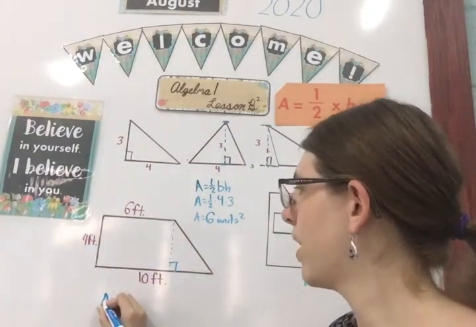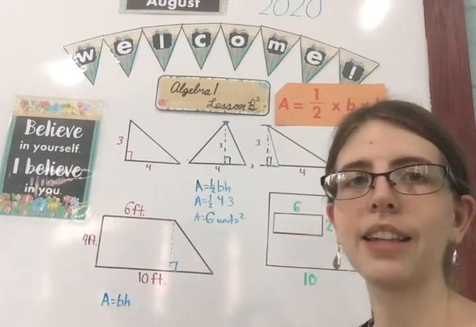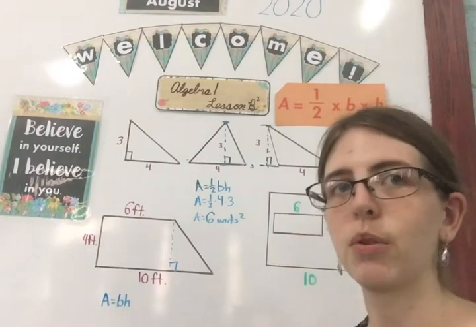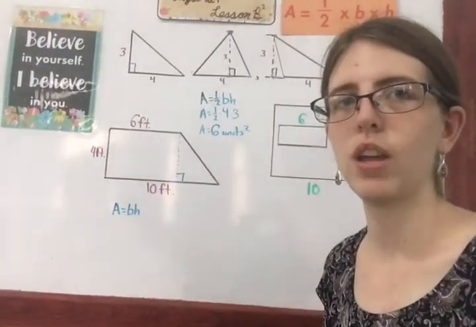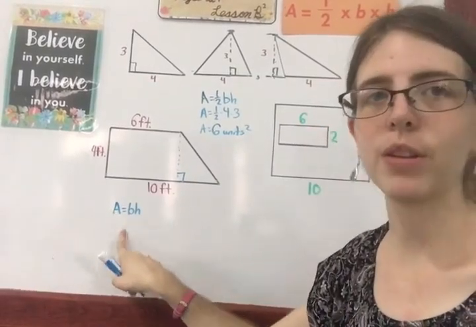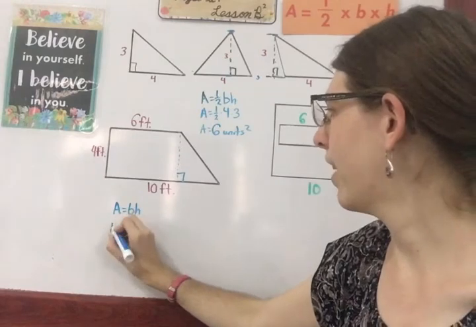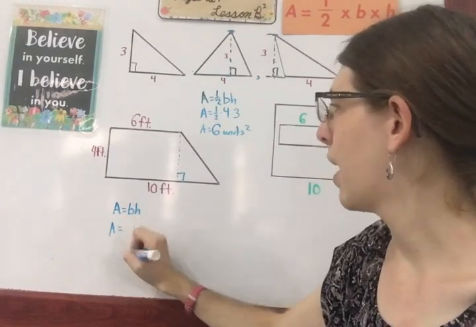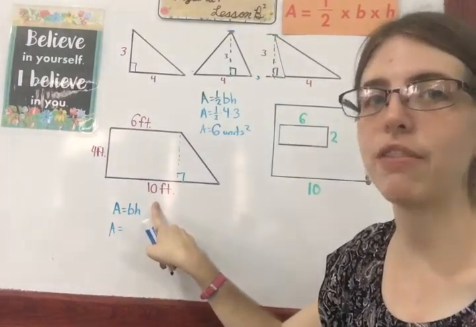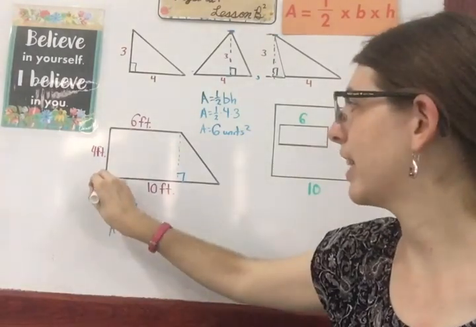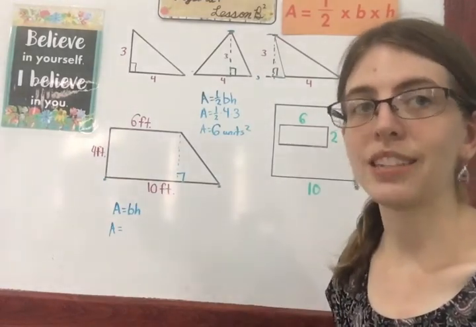So I'm going to start with my rectangle. The formula is base times height. Okay? I'm going to adjust my camera so that you can see a little lower. So now you can see the rest of my problem. Area equals base times height. My base going across, be careful, it's not 10 feet, because 10 feet is from here to here. But my rectangle is not that long.